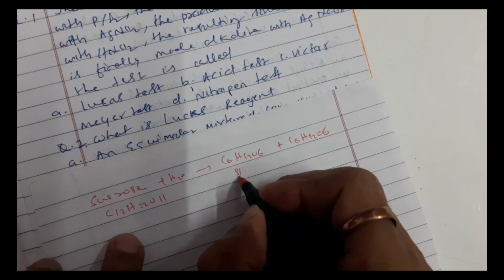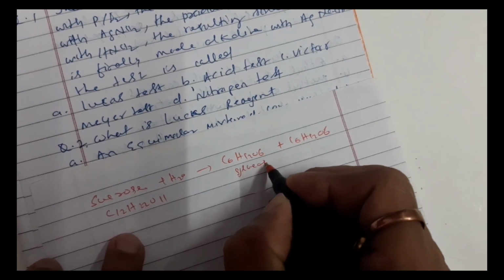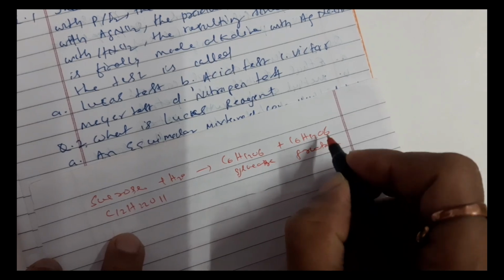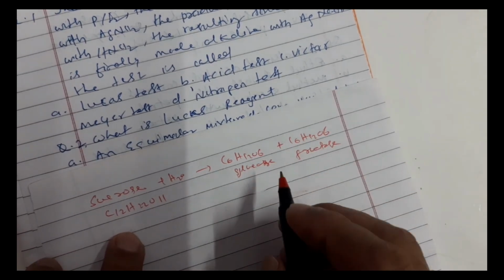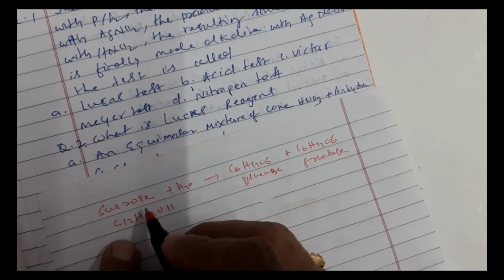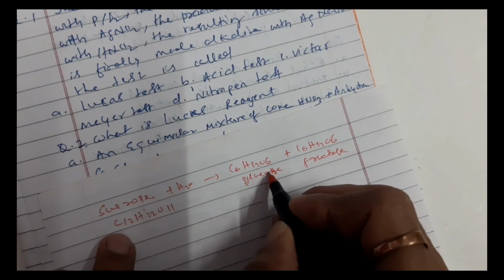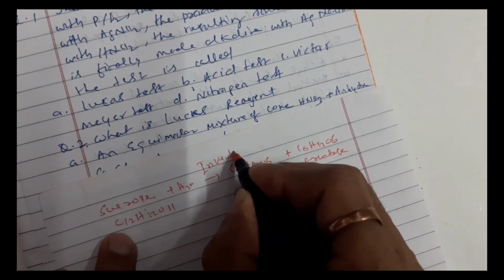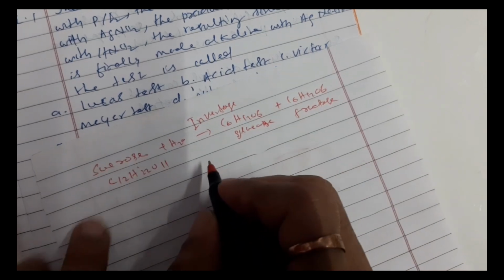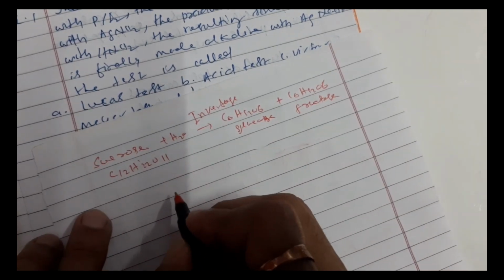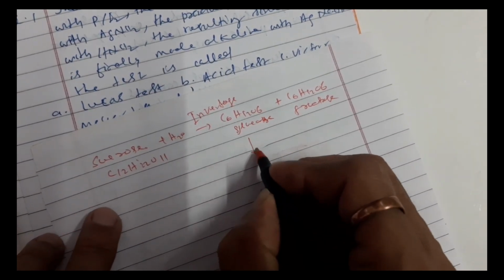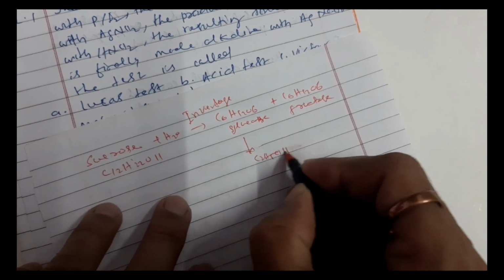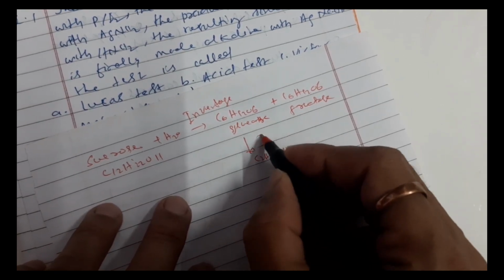So one is glucose, the other is fructose. So from sucrose to glucose, the enzyme used is invertase. Then from glucose to ethyl alcohol, the enzyme used is zymase.